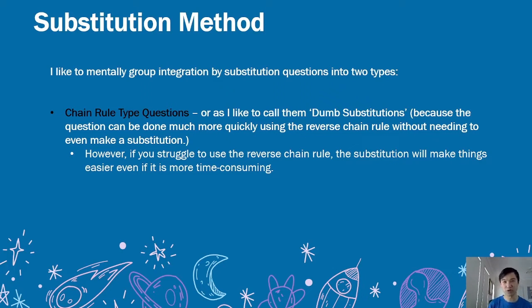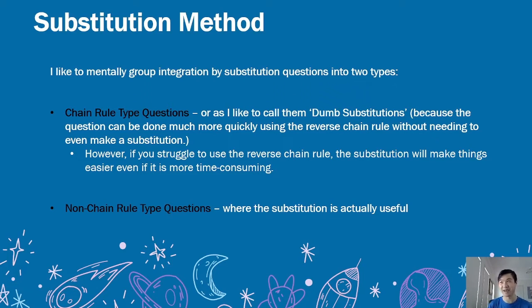However, if you struggle to use the reverse chain rule, obviously the substitution will make things easier for you. Although the flip side is that it is more time consuming. So it's much quicker if you just use the reverse chain rule. And then the second type are the non-chain rule type questions where the substitution is actually useful to help you solve the integral, as opposed to just being able to do it quickly using the reverse chain rule.